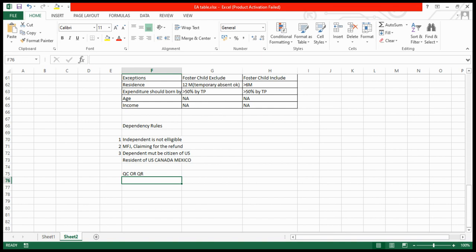What is meant by QC? QC means qualifying child.